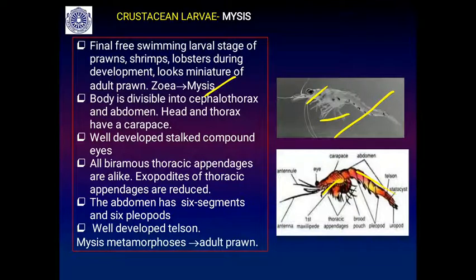Then the abdomen: the appendages are rudimentary, just growing, and the abdomen has 6 segments and a well developed telson, the tail region. This mysis metamorphoses into an adult prawn in the case of Penaeus, but this is the final larval stage in many crustacea. So this is called mysis.